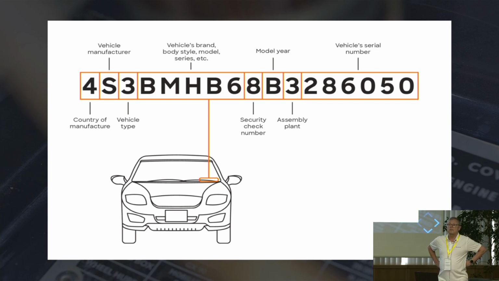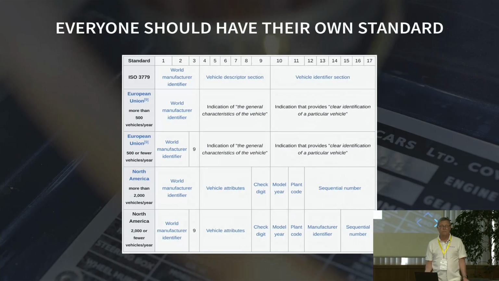VIN numbers were introduced in the US around the 1950s, but it's been a painful road for them, pun intended. And the fact is that even today, some 70 years maybe after the fact, this kind of isn't a standard, because everyone should have their own standard. And that's how you do it.